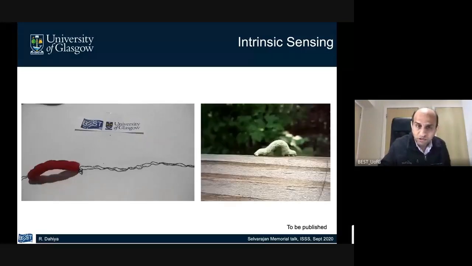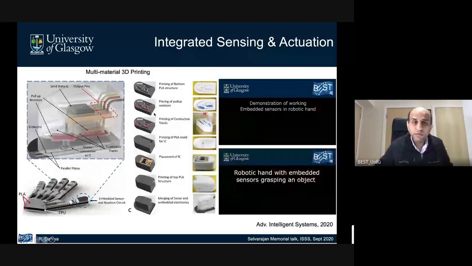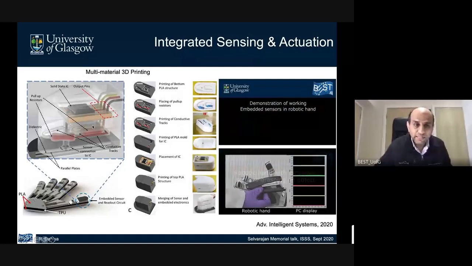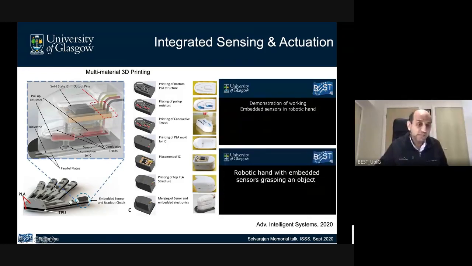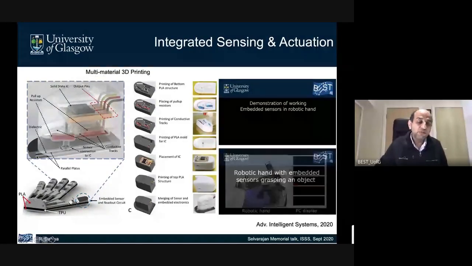And we are also able to integrate sensing and electronics using new techniques that we have developed, multi-material 3D printing. Normally the 3D printing you come across prints plastic only, but we design the hand in such a way that you can print the sensors inside the structure. So the structure itself could become a sensor.